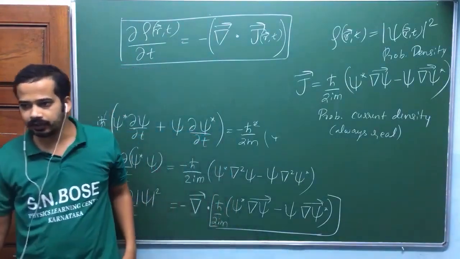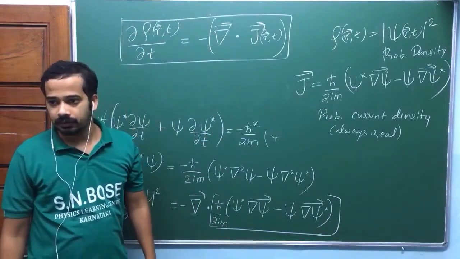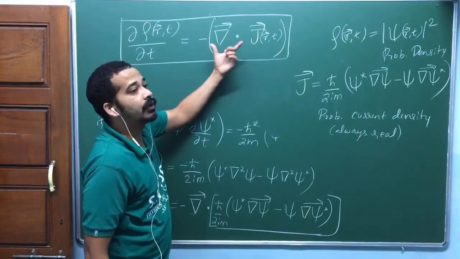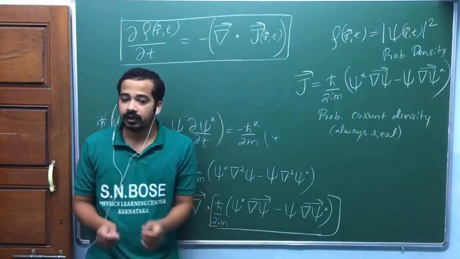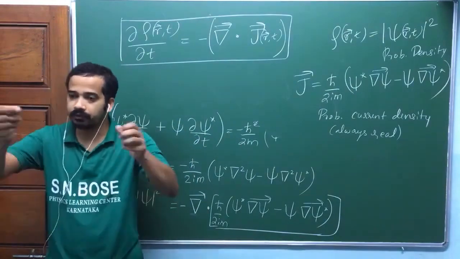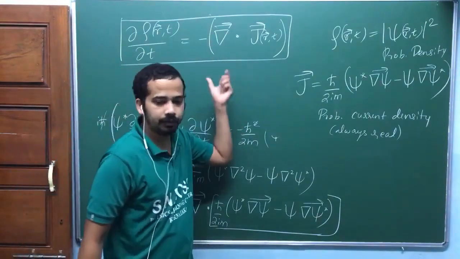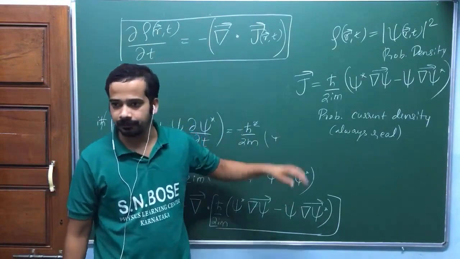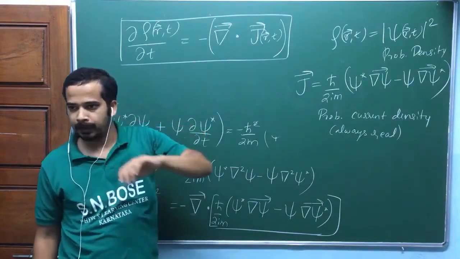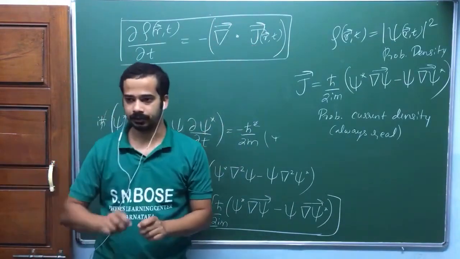Suppose at some point in space, probability density is decreasing with respect to time. That means some current density exists, divergence of current density exists. Divergence of a vector field talks about how much that vector field is going outward from that point. These are all point operations we shall see in electrodynamics. So divergence non-zero means this vector field is diverging from the point.